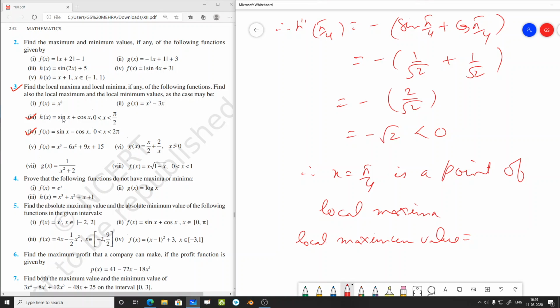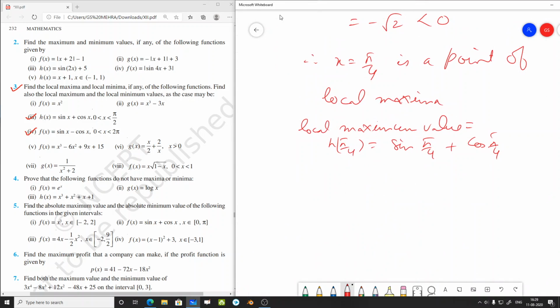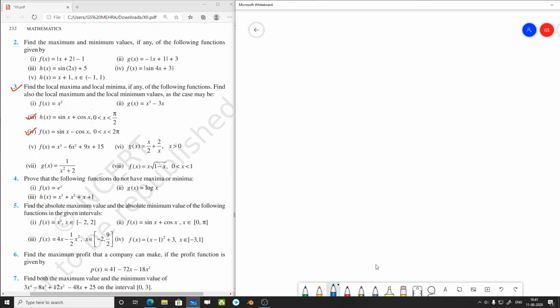That is sin pi by 4 plus cos pi by 4, which is 1 by root 2 plus 1 by root 2, together giving 2 by root 2, that is root 2. So root 2 is the local maximum value. Now let us go to question number 3, fourth part.